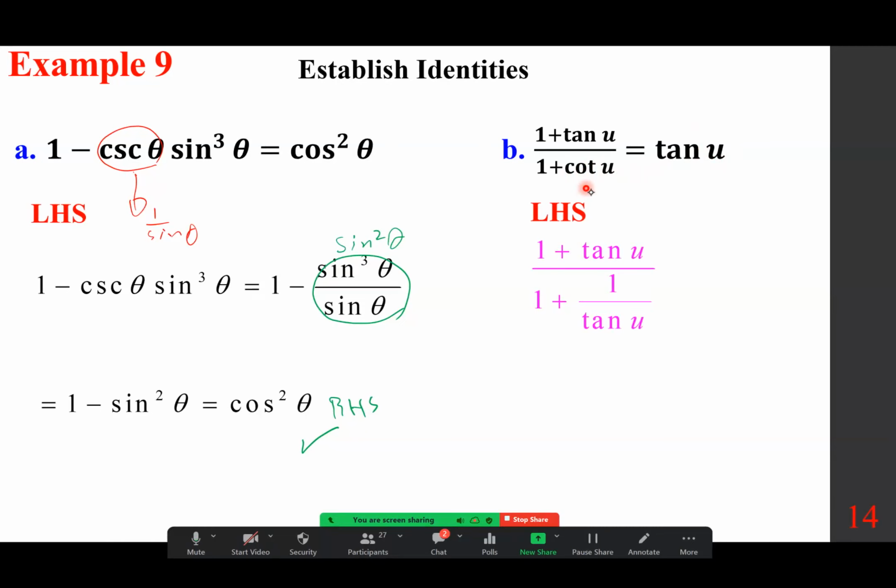Now we're going to multiply the top and the bottom by tangent because that's the LCD, and the numerator is just simply this times that. So 1 plus tan u times tan u, or tan u times 1 plus tan u, makes no difference. The bottom, this is tan of u, these two just 1.